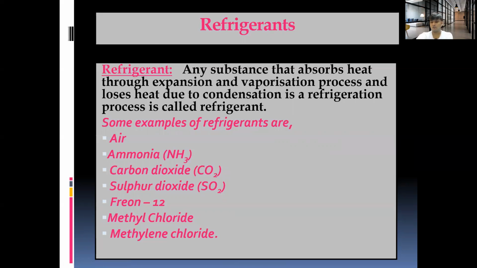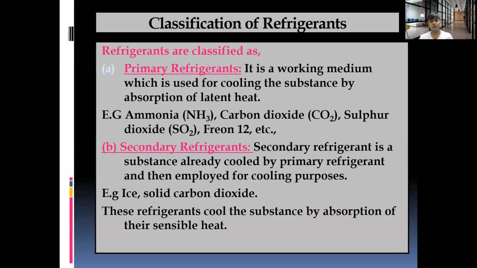I'll come with a simple one. When you are trying to cool something, you supply a liquid which revolves all around the surroundings of that. That liquid is called refrigerant. We have ammonia refrigerant, air refrigerant, CO2 carbon dioxide refrigerant, methyl chloride refrigerant. We have different kinds of refrigerants.